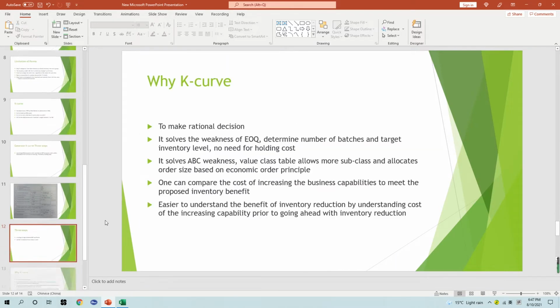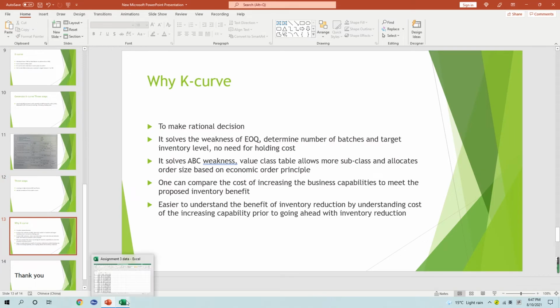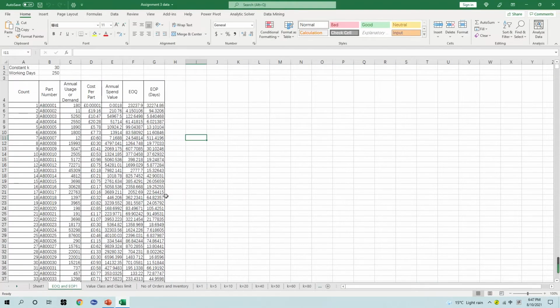Now we're moving on to Excel to see how we're going to do this. Here we have these 200 items.